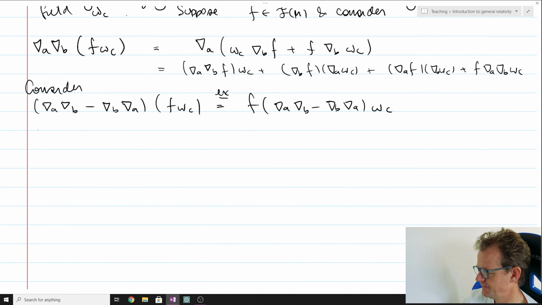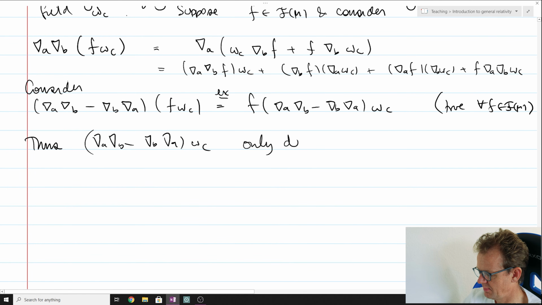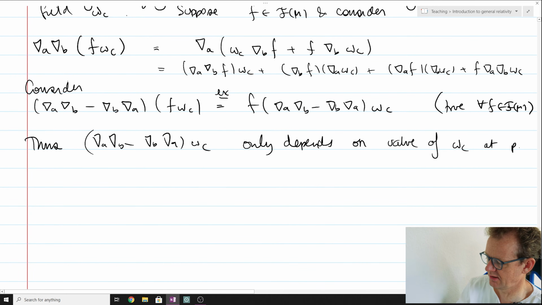The same reasoning applies here. So, since this is true for all f, we learn that delta A, delta B minus delta B, delta A, omega C only depends on the value of omega C at the point P where you are. That's the key consequence of this little computation.